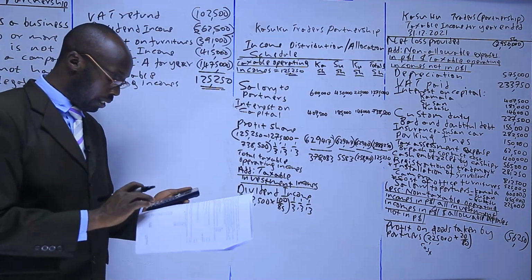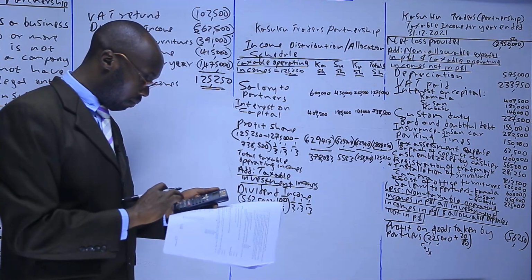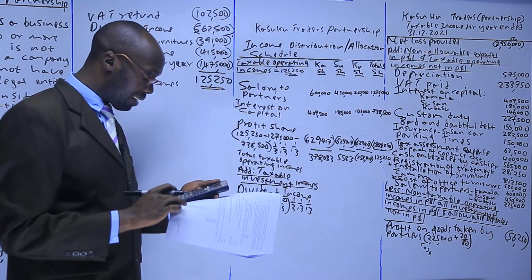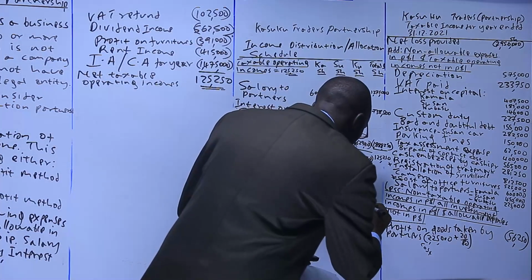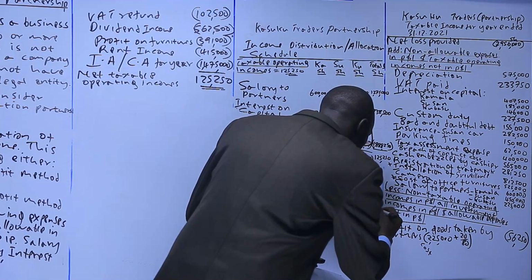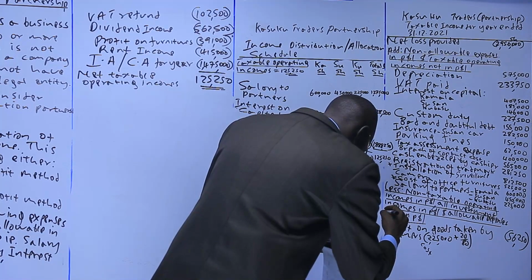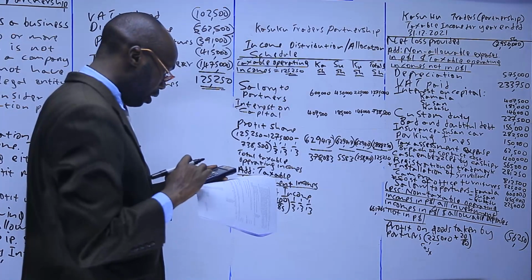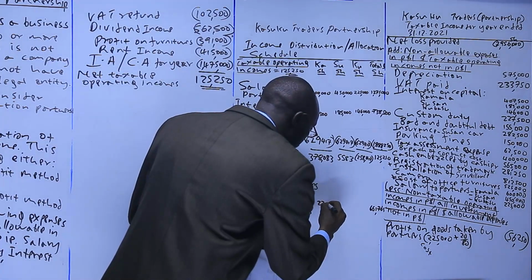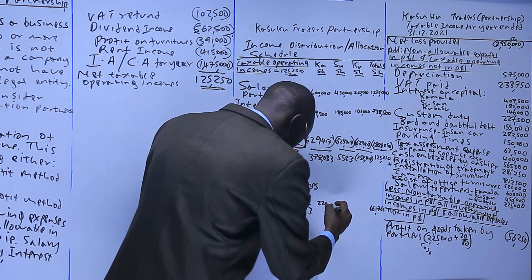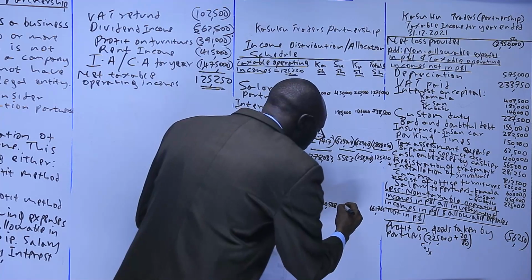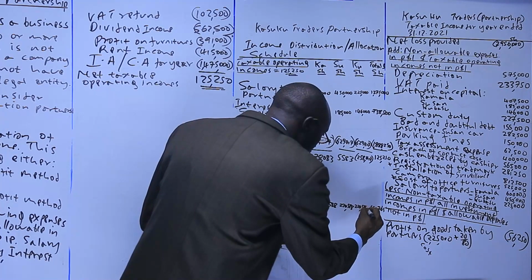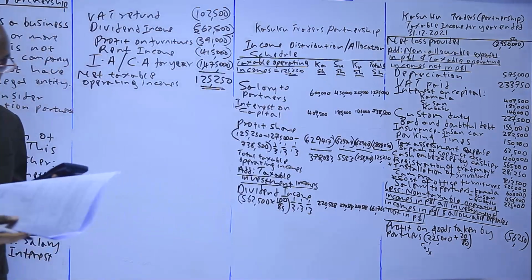So it will be 562,500, we multiply by 100, divide by 85, and you get 661,765 after rounding off, and then divide by 3, which comes to 220,588. Now with that one, we have distributed the dividend.